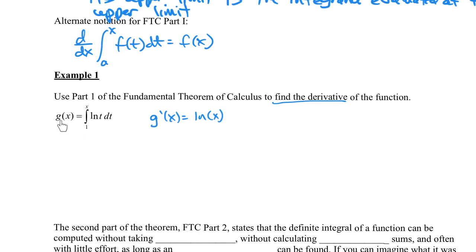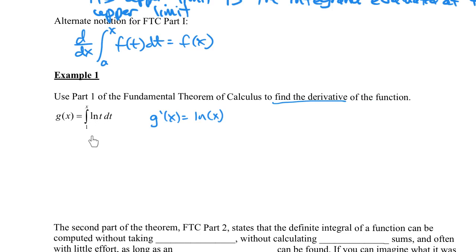Because we're finding the derivative of an integral, according to the fundamental theorem of calculus part 1, the derivative of this with respect to x is the integrand evaluated at the upper limit. So for this to work, the upper limit has to be a variable.